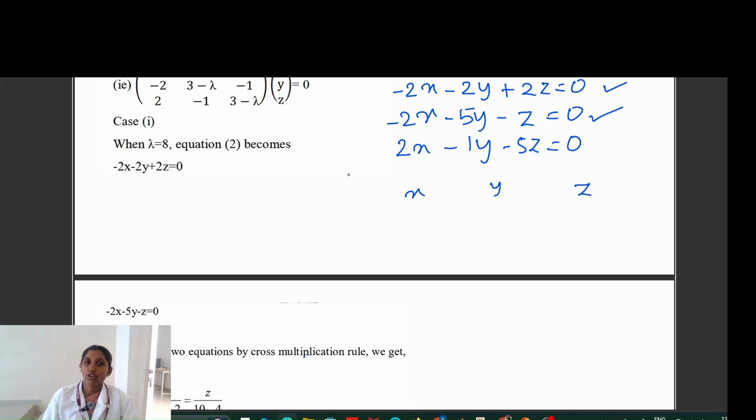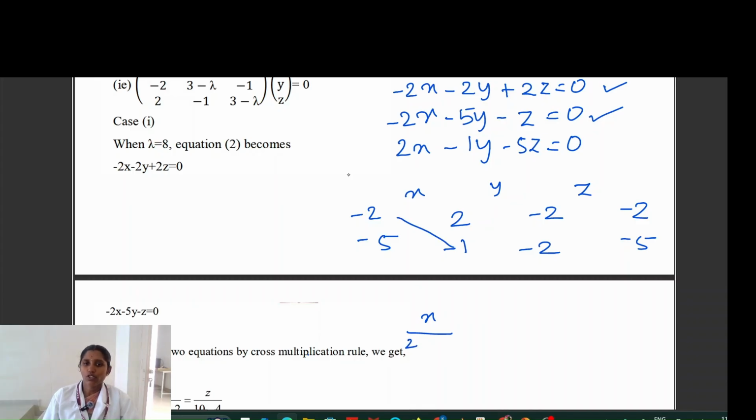First, I choose the coefficient of y. We start from coefficient of y minus 2, coefficient of z 2 in the first equation, coefficient of x minus 2, again coefficient of y minus 2. In the second equation, coefficient of y minus 5, coefficient of z minus 1, coefficient of x minus 2, again minus 5.